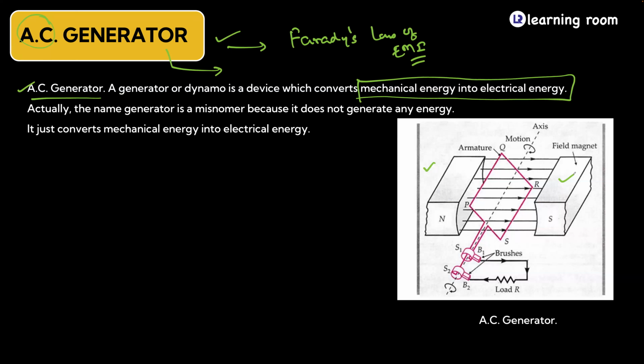So I'm going to divide one complete rotation into 4 equal parts: when the coil has rotated from 0 to 90, 90 to 180, 180 to 270, and 270 to 360. In that complete rotation, there is a change in the angle between the areal vector and the magnetic field, due to which there is a change in flux. And due to that change in flux only, EMF is induced.